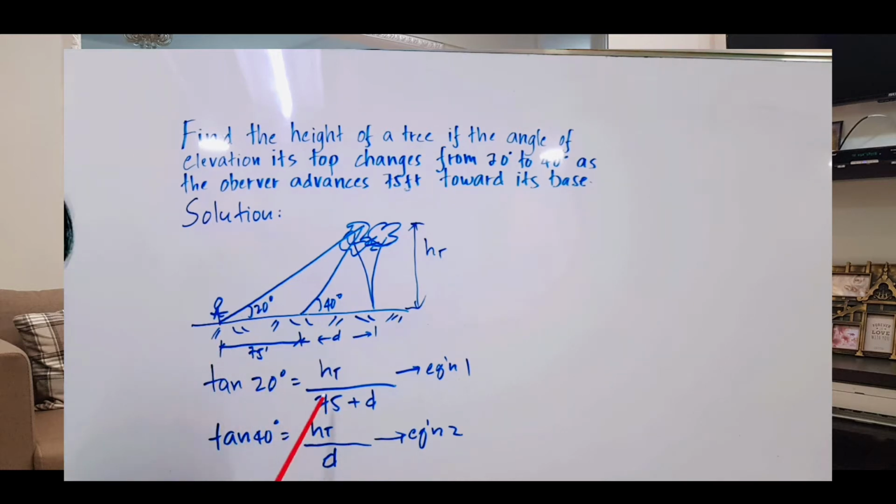So, here, because we have the height of the tree here and the height of the tree here also, we can equate these two by cross multiplication.